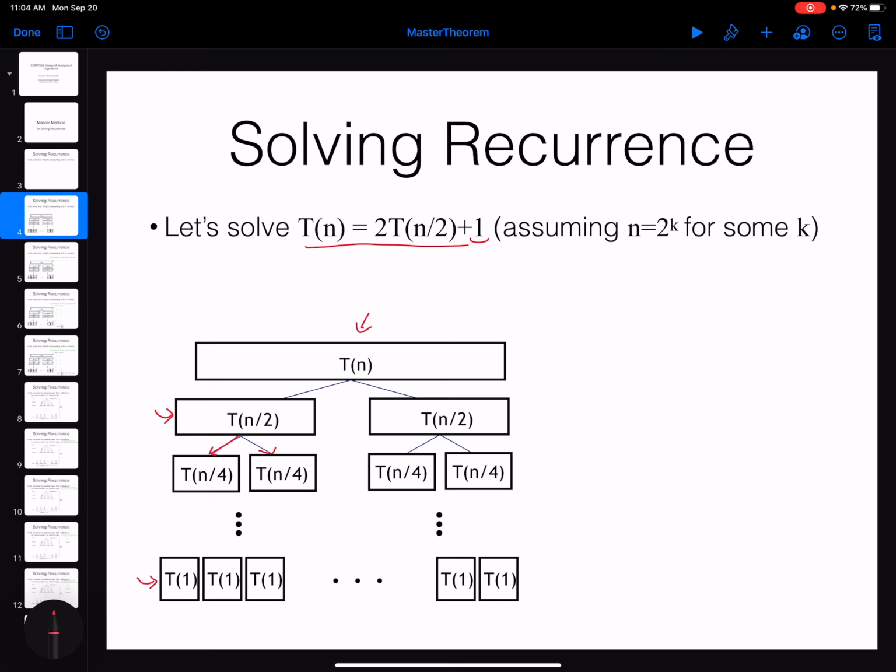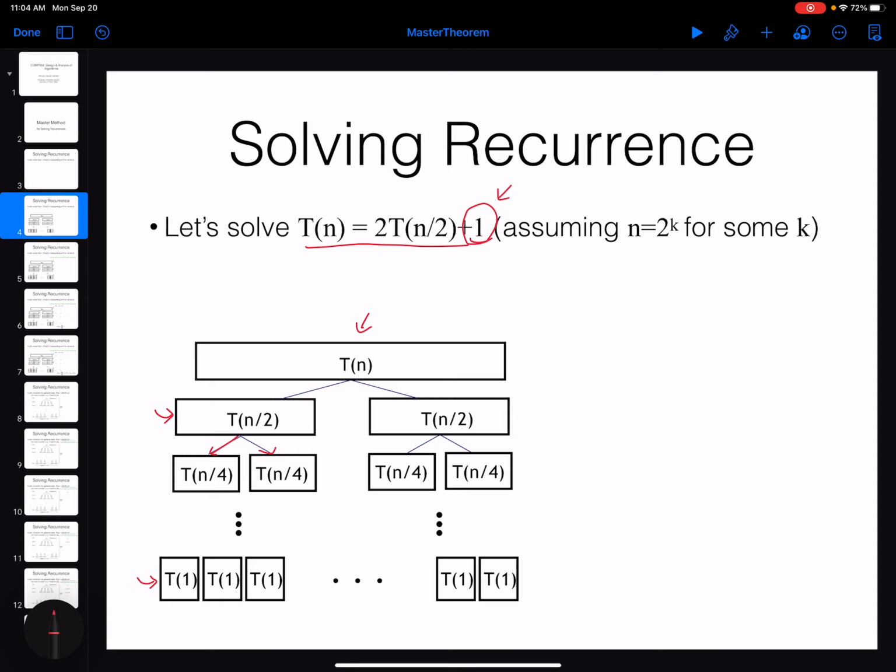After creating the recursion tree, we need to add all the costs for each of these boxes or nodes in the tree. In this example, the additional cost is a constant cost that we show using 1.